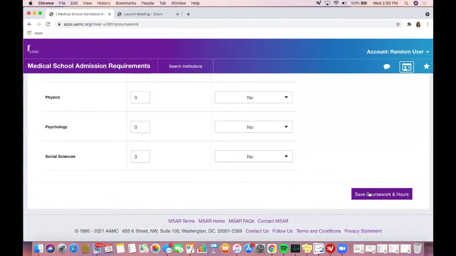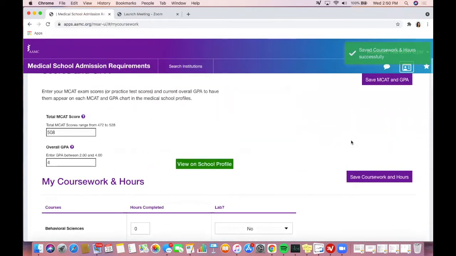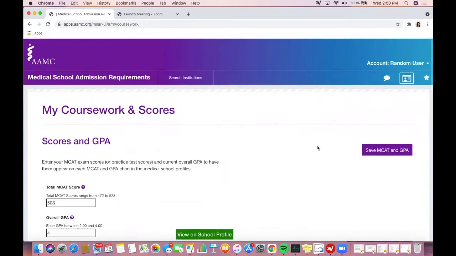Then you can save that coursework and those hours, and you will see how that comes into play once we start looking at schools. And then you can also favorite medical schools. As you are reviewing and searching for different medical schools, you can star your favorites.